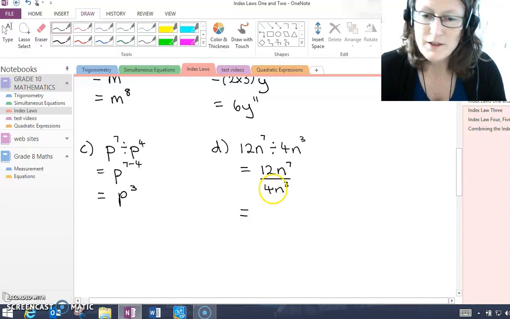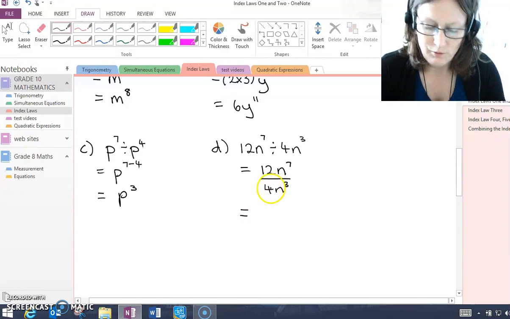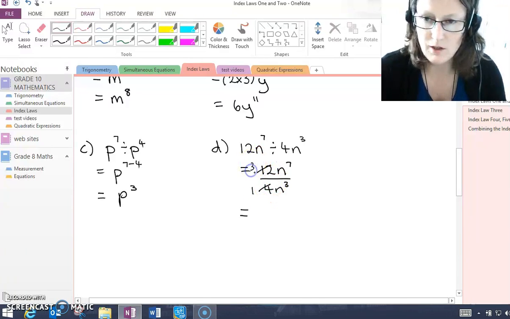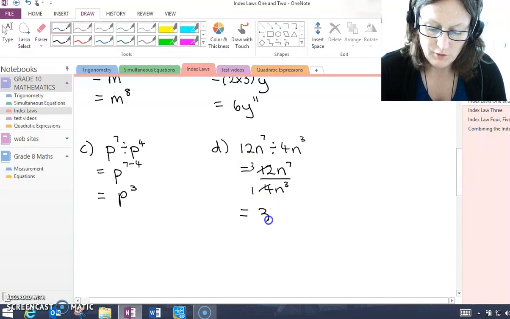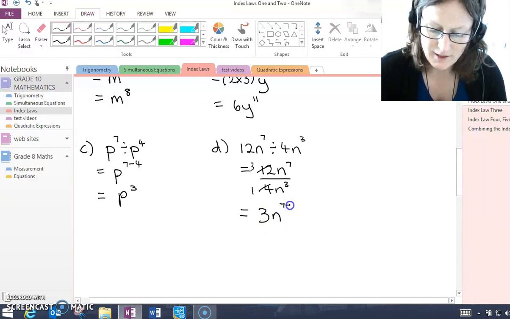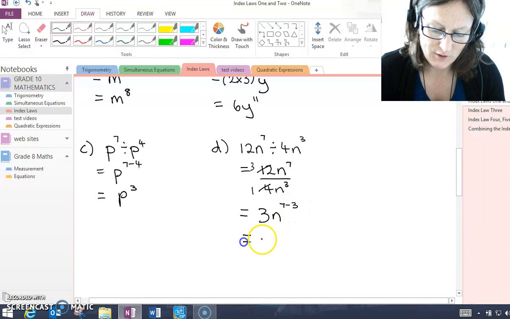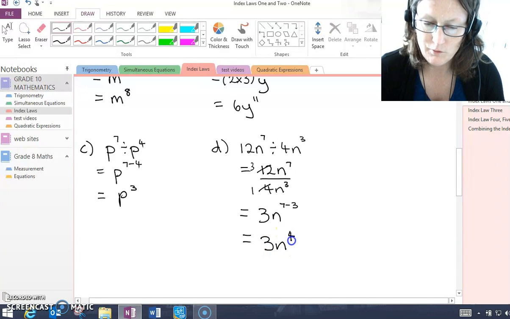Then what I do is I look at the big numbers, the coefficients, and I can cancel. 4 goes into itself once, 4 goes into 12 3 times. So we've got 3. I then look at the n's. It's a division, so it's n to the 7 take 3, because index law 2 says for a division you subtract the indices. So our answer there would be 3n to the power of 4.